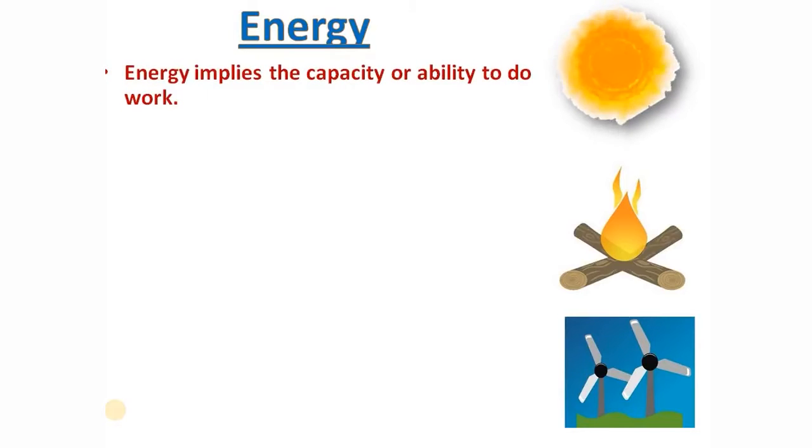In layman's language, we usually say energy is the capacity or ability to do work. And in different science branches, we have other technical definitions for energy. But from a layman's point of view, it is the ability to do work.